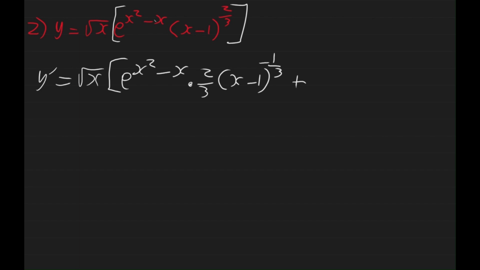Plus, the second, x minus 1 power 2 over 3 multiplied by the derivative of the first, which is going to be e power x power 2 minus x multiplied by the derivative of its power, which is 2x minus 1.